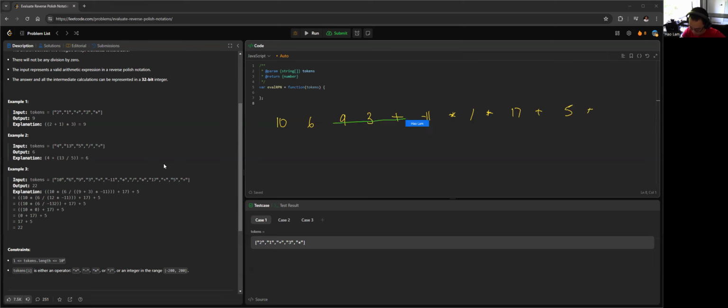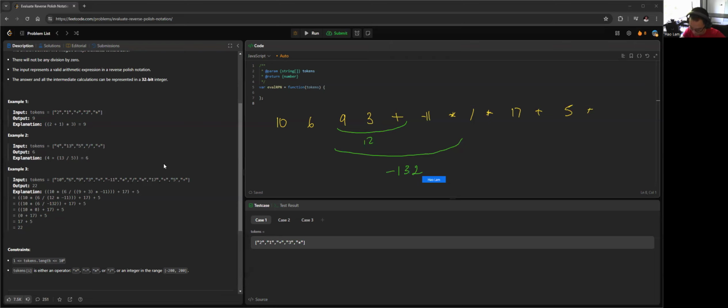So we can put it as 12, and you can see 12 and -11 here, and it is multiply. So this part would be 12, and this part we're going to multiply, giving negative 132.